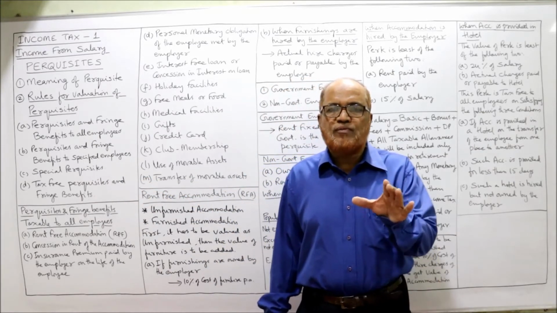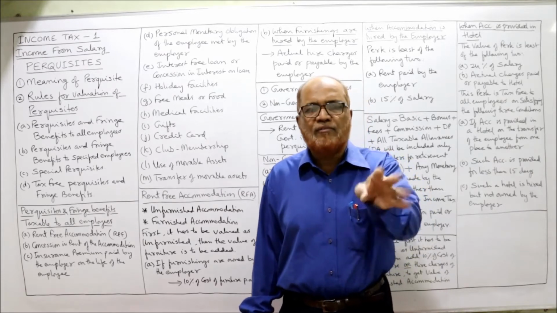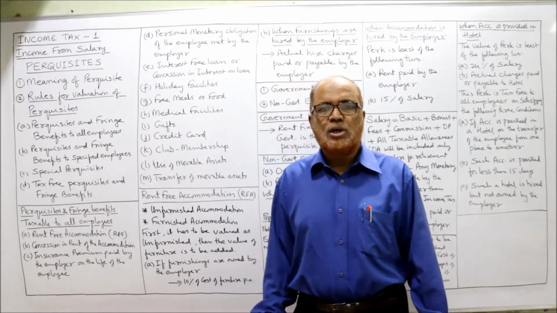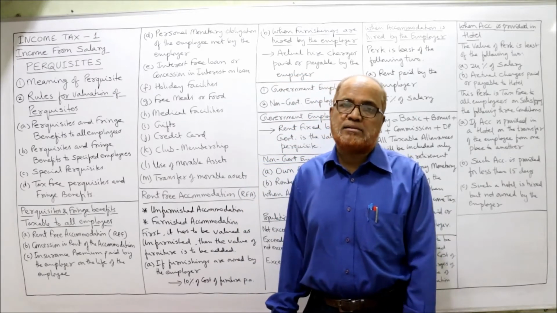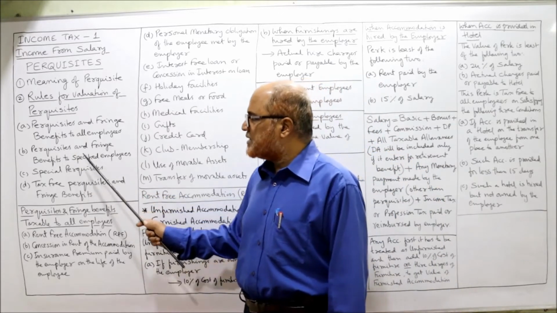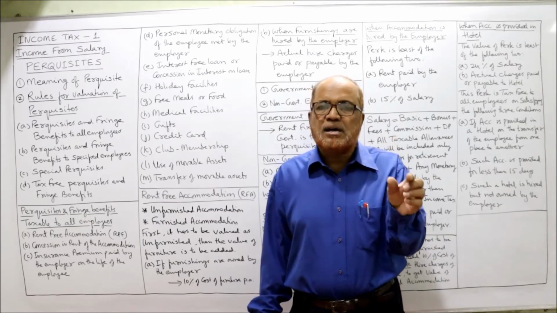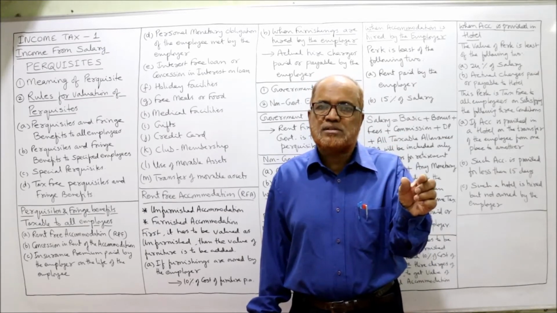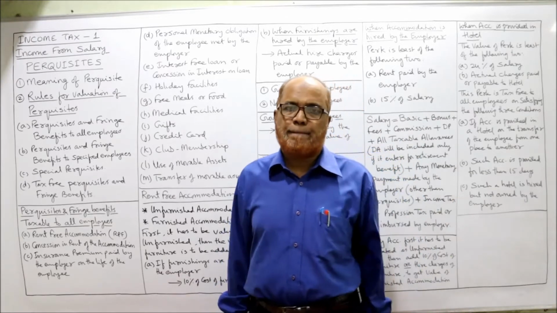That means those fringe benefits or perquisites which are taxable for everybody, for all the employees. So whoever gets these perquisites or fringe benefits, they are liable to pay the tax. Second is perquisites and fringe benefits taxable to specified employees. That means there are some perquisites or fringe benefits which are taxable only to specified employees, not to everyone.